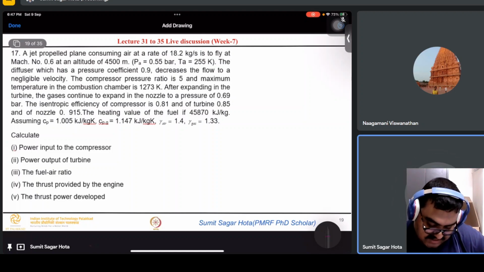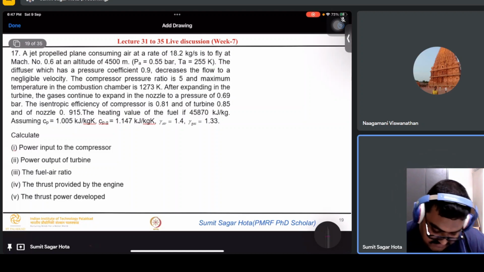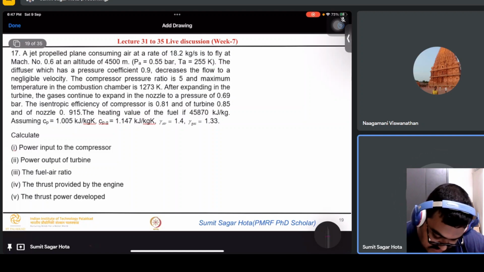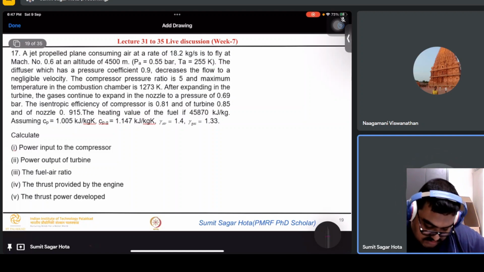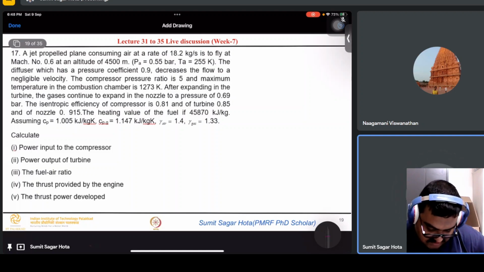The isentropic efficiency of compressor is 0.81 and of turbine is 0.85 and of nozzle is 0.915. The heating value of the fuel is 45870 kJ per kg, assuming Cp equal to 1.005 kJ per kg Kelvin, Cpg 1.147 kJ per kg Kelvin, gamma of air 1.4 and gamma of gas is 1.33.